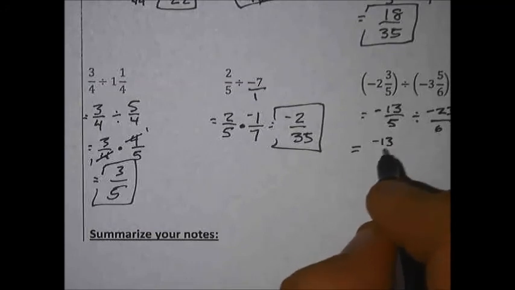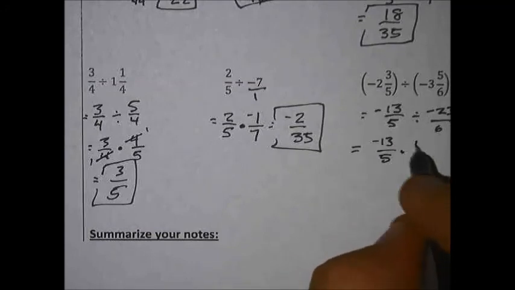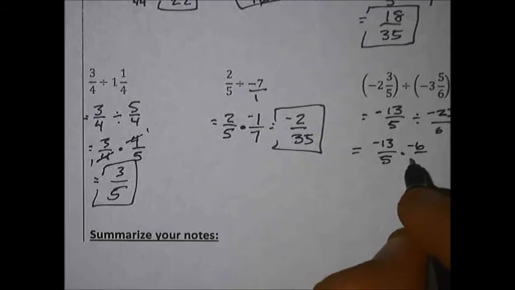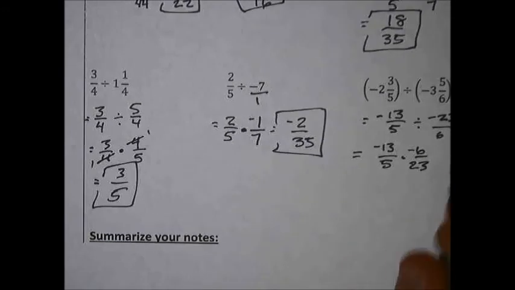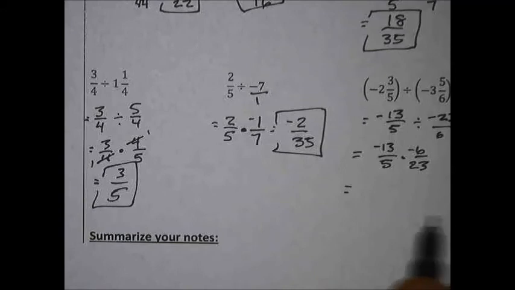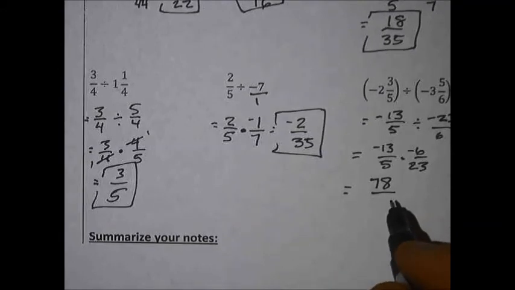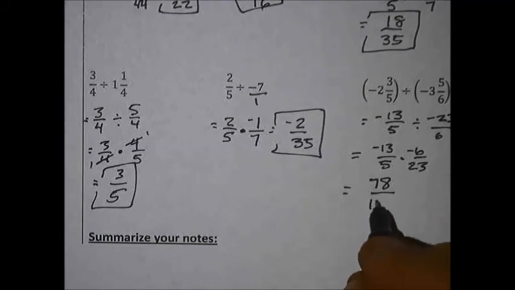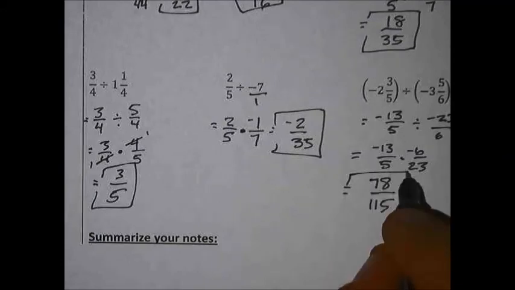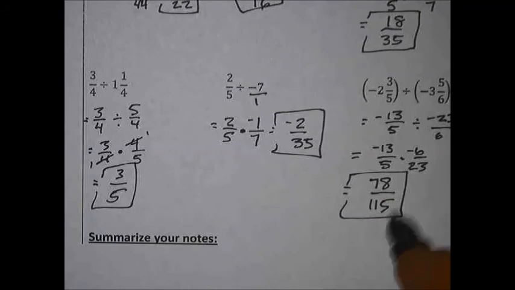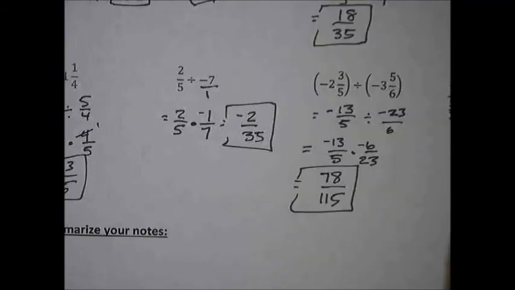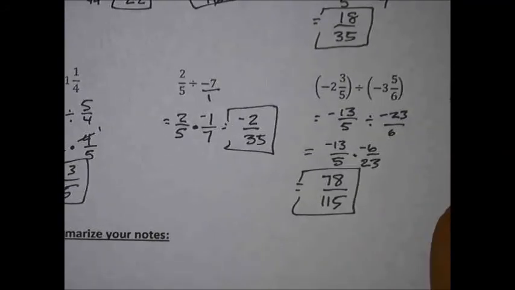So -13/5 times -6 over 23. And now there's no reducing going on there. It's actually going to be a pretty ugly number. It's +78 over 115. Okay, it doesn't reduce because there was no reducing here. If there's no reducing here, there won't be any down there. It's kind of the neat thing about that.